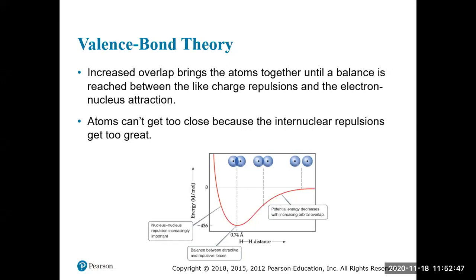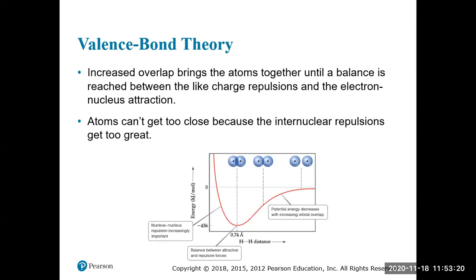So we look at this energy diagram, and remember, the most stable place is always the lowest energy. As we go across, we start on the right-hand side, and we see if we're too far away, the energy remains high because we're not getting the proper attraction there. As we get closer, the energy starts to go down. We get to that sweet spot where we've balanced the attractive forces with repulsive forces, and that's where we start to see that overlap that we talked about.